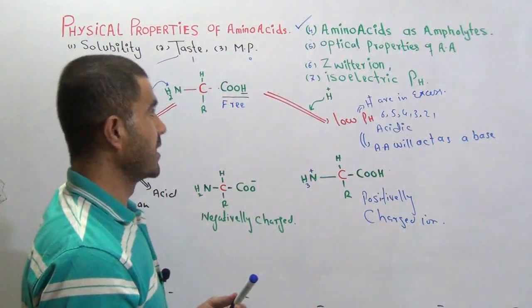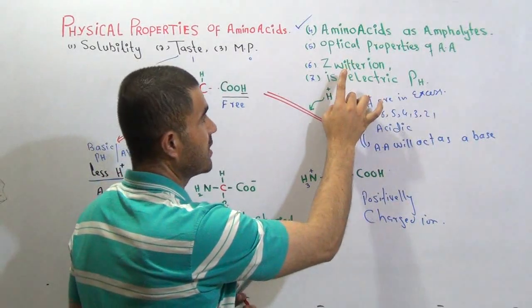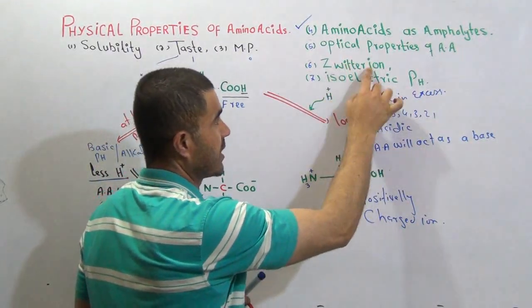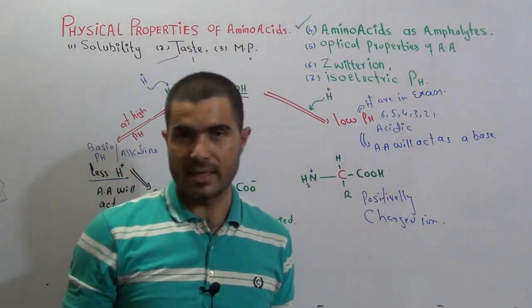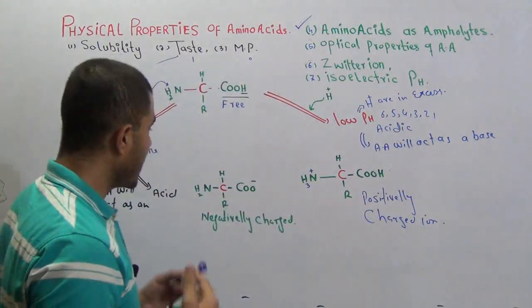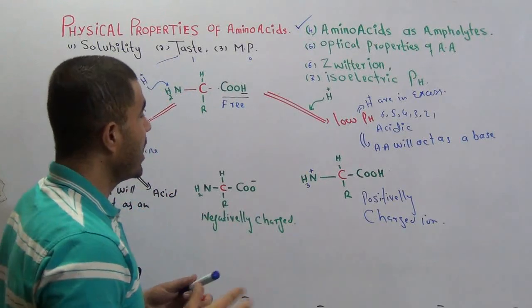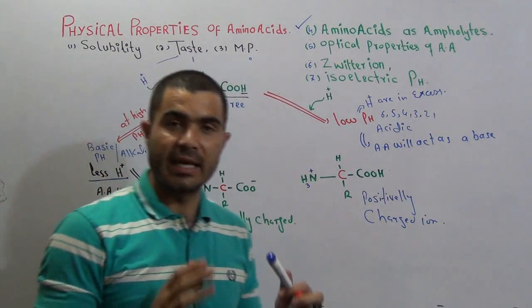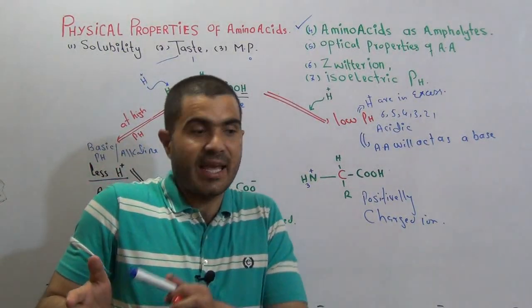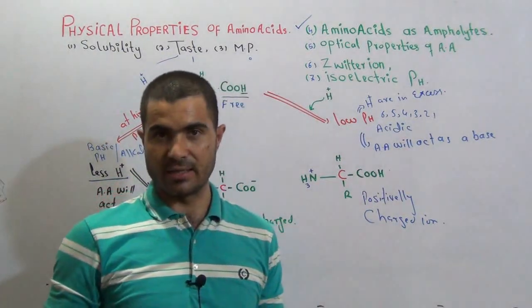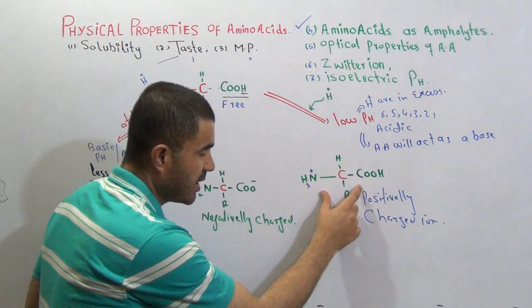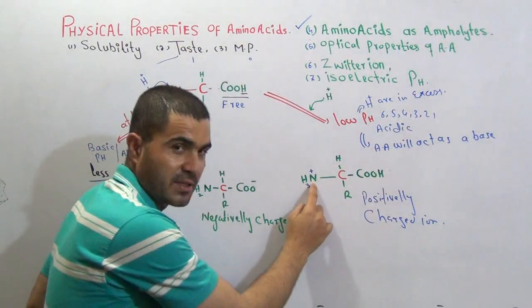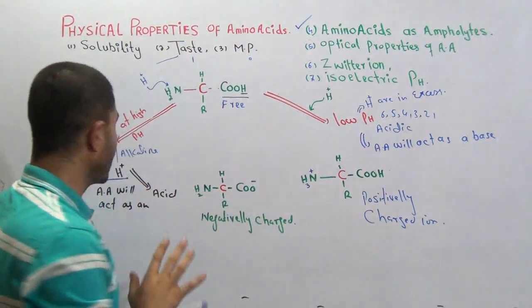The second one is Zwitterion. What is meant by the word Zwitterion? The word Zwitterion means when an amino acid gets a positive charge as well as a negative charge, both. If you see here, the amino acid has a positive charge only, and here a negative charge.